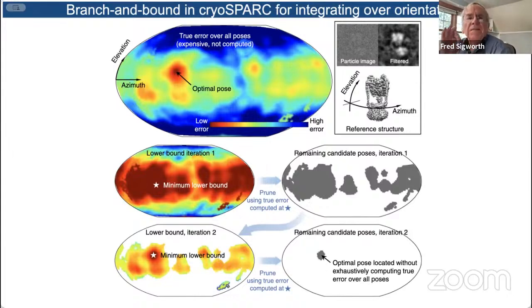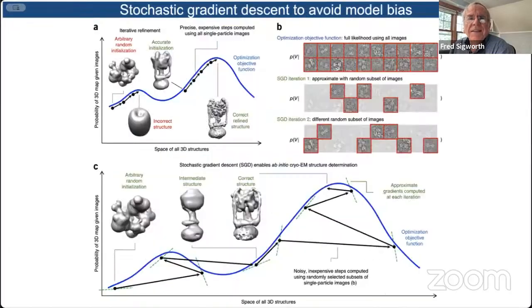And so by being very clever and choosing where to look in the space of so many different orientations, these programs, especially cryoSPARC, are extremely efficient.